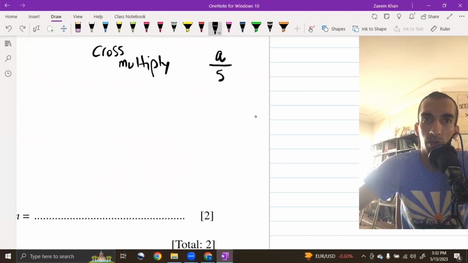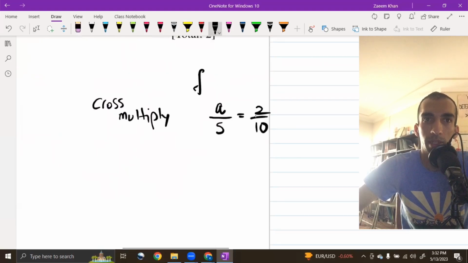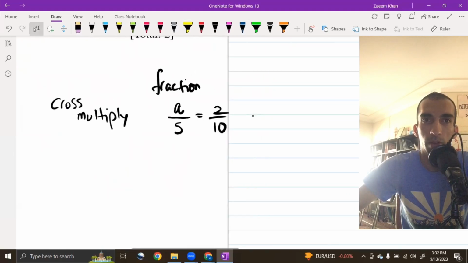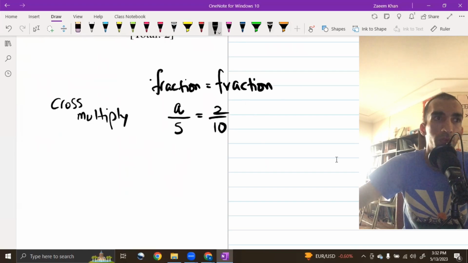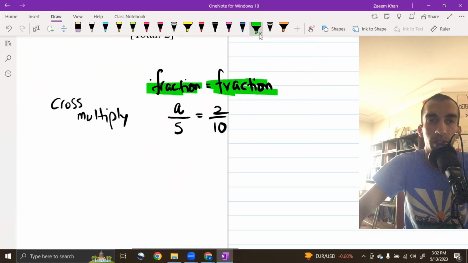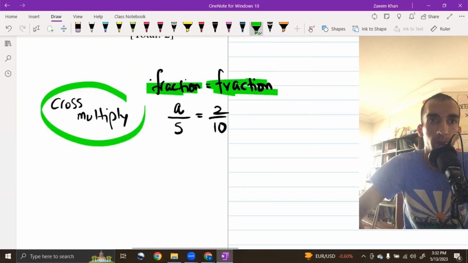Let's say it's a over 5 is equal to 2 over 10. What do I do whenever I have, watch closely, and I would want you to take down notes. This is going to come up often in algebra. Whenever we have a fraction equal to another fraction, you always cross multiply.